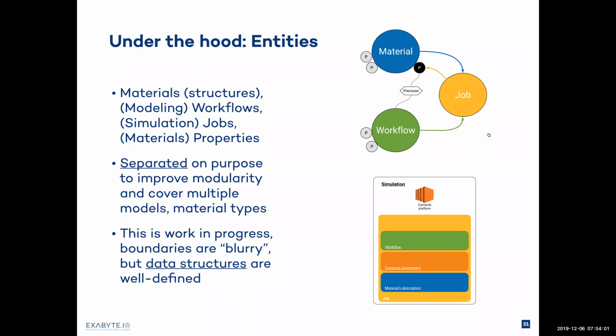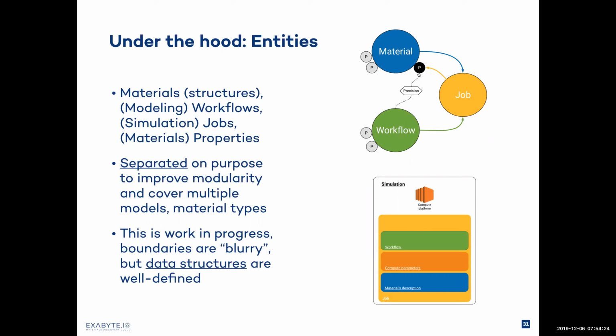As I mentioned before, we identify key entities that we work with inside the platform, and those are materials, workflows, jobs, and properties. If you look at this diagram, we can understand how they are connected with each other. So we have materials that have certain properties. Some of them exist before the calculation or execution of the job.